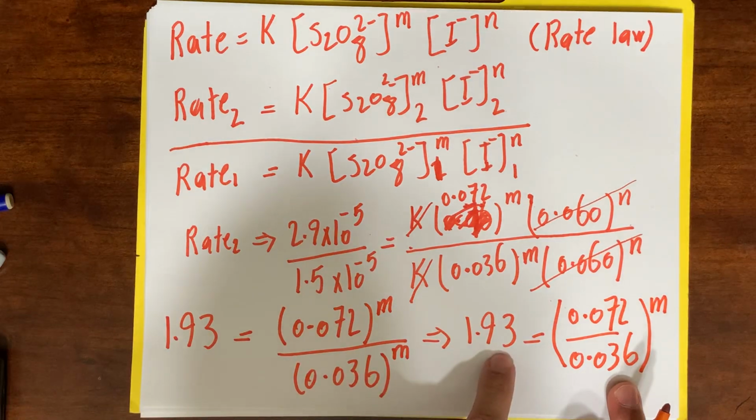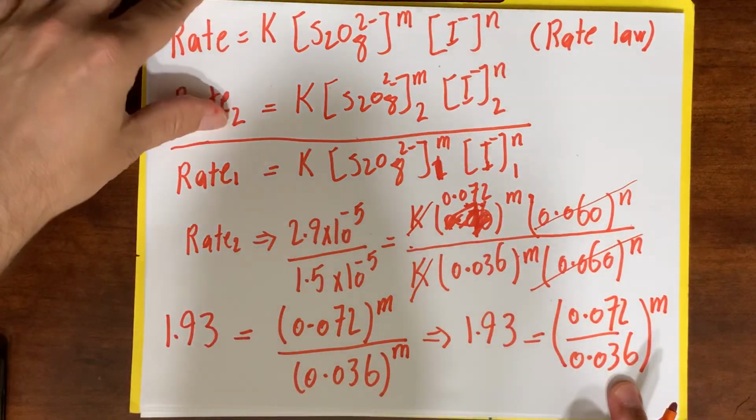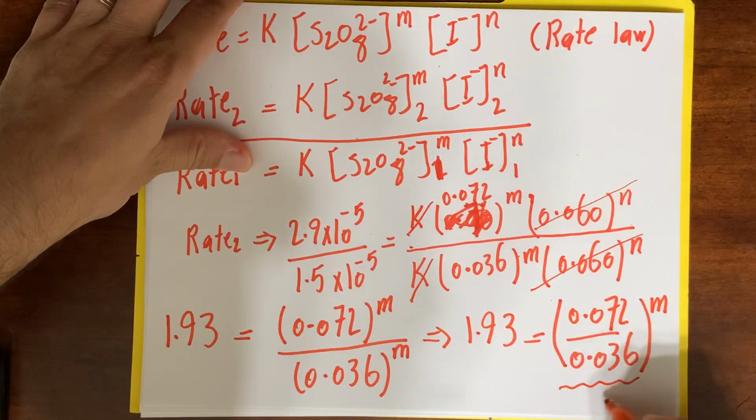So 1.93 is equal to 2 to the power of M.